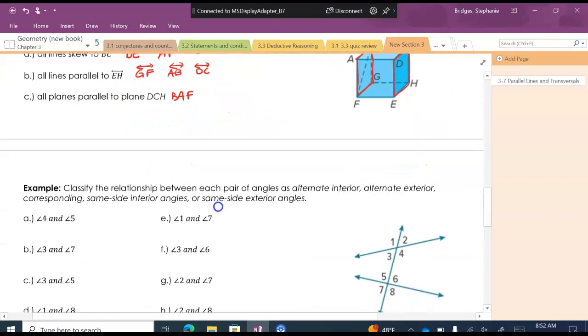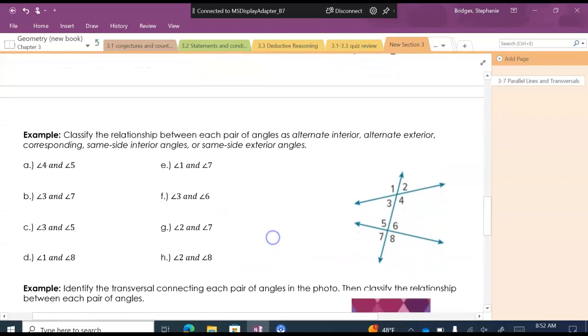All right. Now what we have to do is identify some angles. So let's look at our picture. Okay, it's a little bit different than the picture on the other side. We want to look at angles 4 and angle 5, and here are our choices. They are either alternate interior, alternate exterior, same side interior, same side exterior, or corresponding.